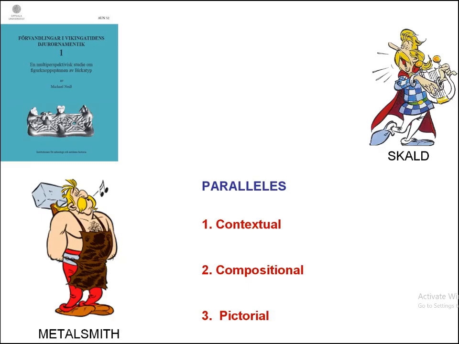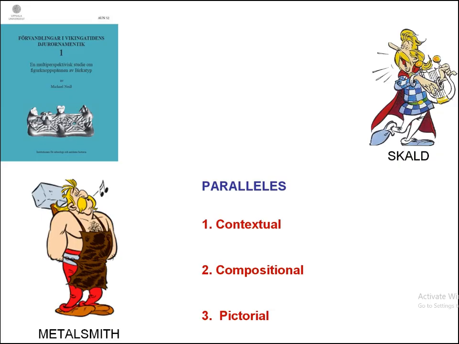And this leads me much more into my former PhD project, where I was able to show that there are many parallels in how metalsmiths and skalds were treated in Nordic society. So there are those contextual parallels, for instance, in the way these products came about and also how they were perceived.